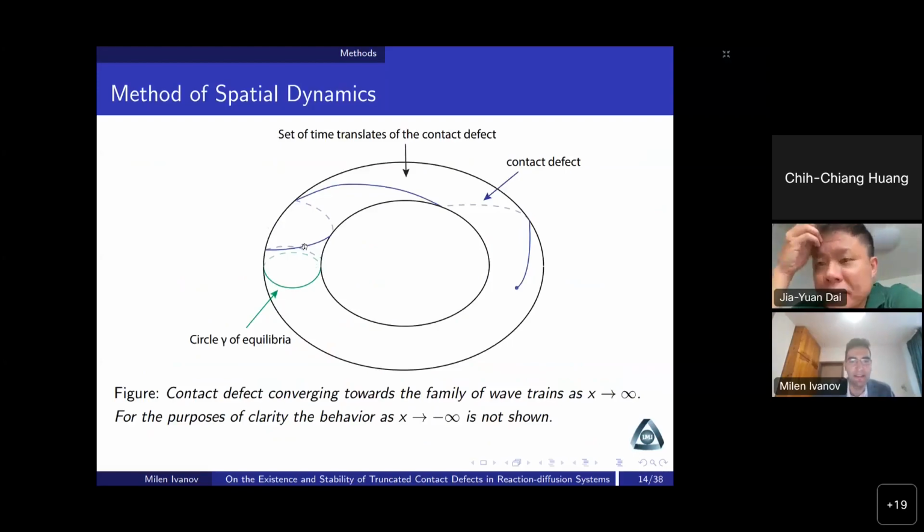In other words, I have the following image in these infinite dimensional spaces. We have the circle of equilibria, and I have a contact defect which starts, let's say, far away, and spins and spins and converges towards the green circle. This motion corresponds to x goes to infinity. The same thing happens as x goes to minus infinity if I go backwards, but I didn't draw it for the sake of clarity.